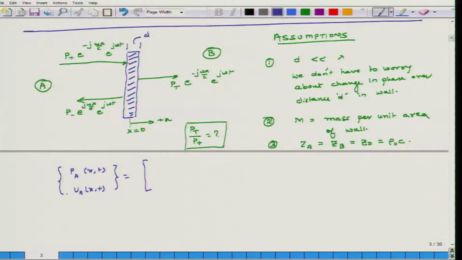So this is the complex pressure on side A and side B. This is equal to P plus, P minus, P plus over Z naught minus P minus over Z naught, e to the minus j omega x over c, e to the j omega x over c, e to the j omega t.